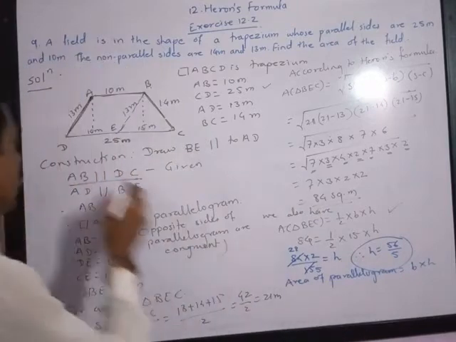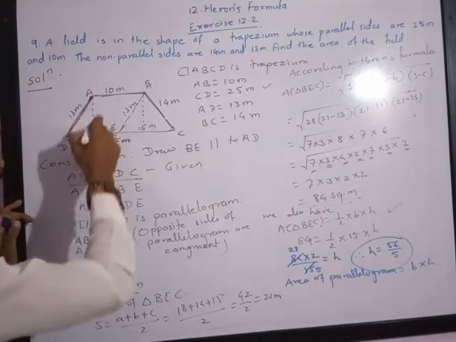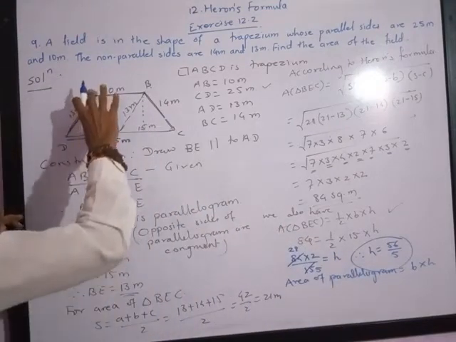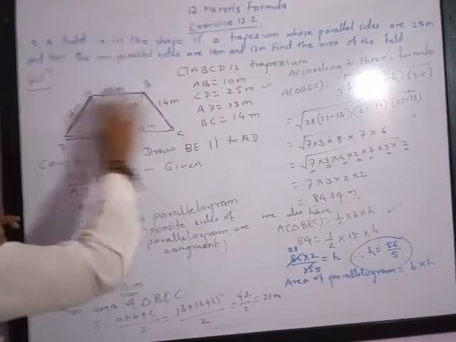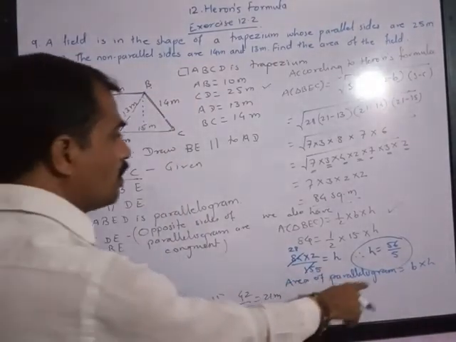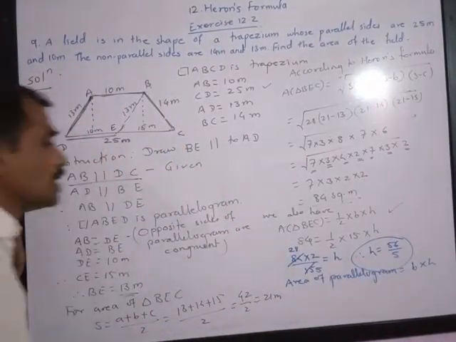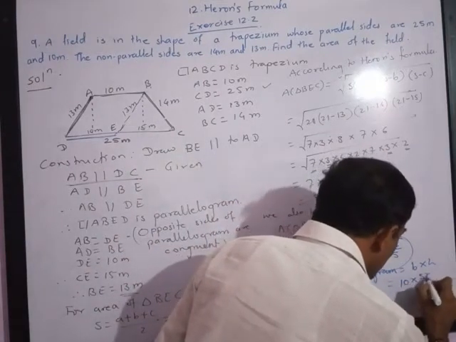Now understand, base of the parallelogram is 10 meters and height of the parallelogram is equal to height of the triangle. Since these two lines are parallel, height of the parallelogram is 56 upon 5 and base is 10 meters. So this is equal to 10 multiplied by 56 upon 5.